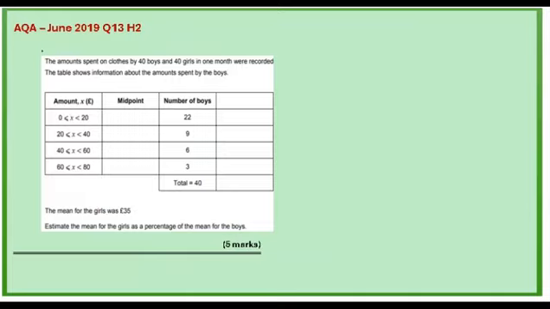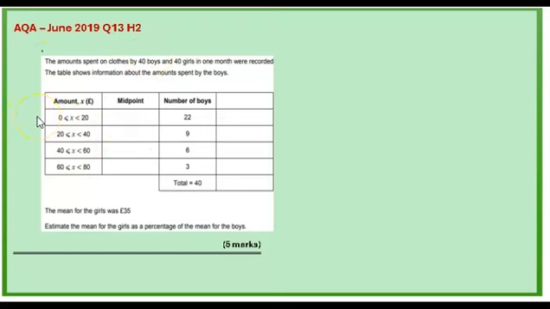Okay, so the problem here is about the spending of boys and girls during a week. The spending of 40 boys is in this table.